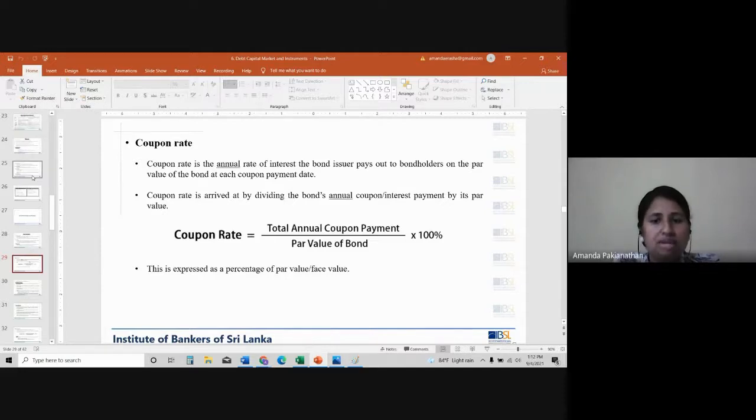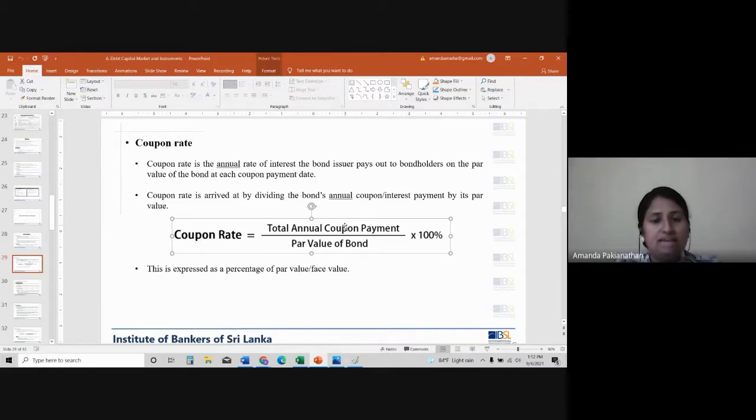There are so many keywords here. It's an annual rate, it depends on the face value of the bond, and it includes interest for the entire year. So a coupon rate is calculated by taking the total coupon payment which would come in for a year.